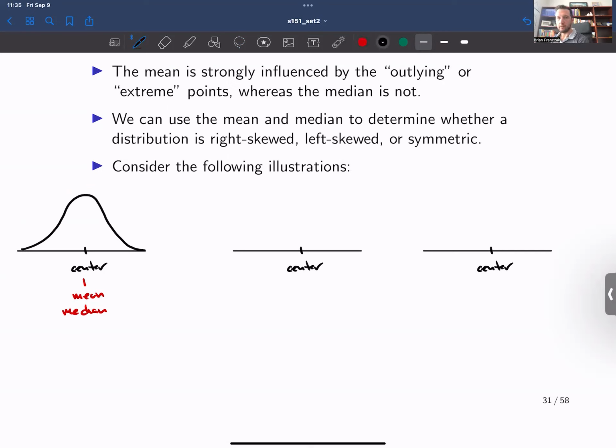As is mentioned on the slide, the mean is influenced by outlying points. And as we defined in the lecture set, we call the median a resistant measure. In that sense, we mean resistant to skewness.